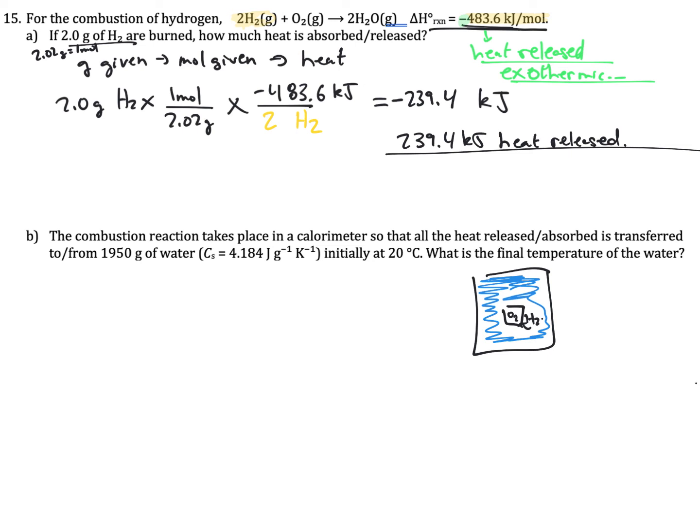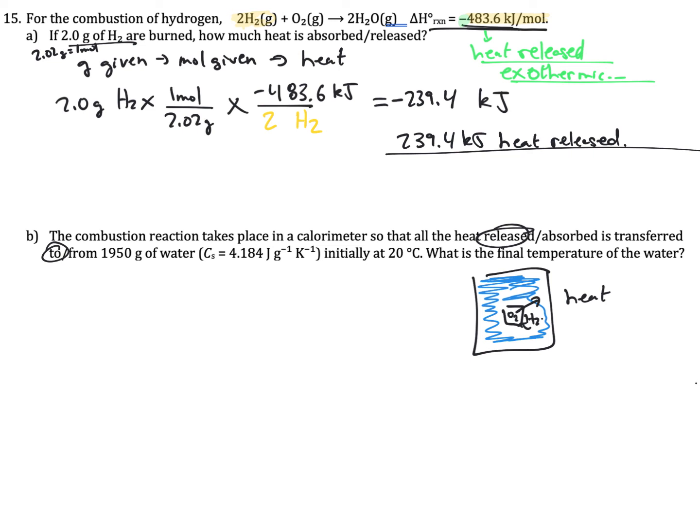It's a combustion reaction. This was heat being transferred from the reaction to the surrounding water. So this is heat released, and the heat was transferred to the water. That's going to make the water warmer. We did a combustion reaction. So even though this heat here was negative, when we think about the heat, it left the reaction, but it went into the water.